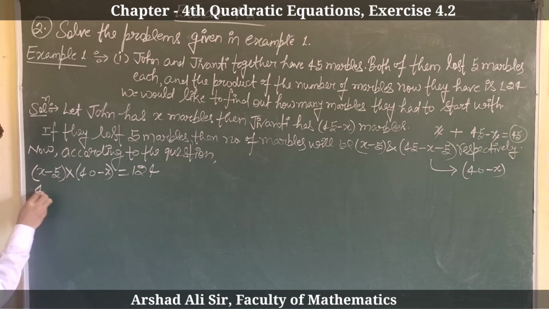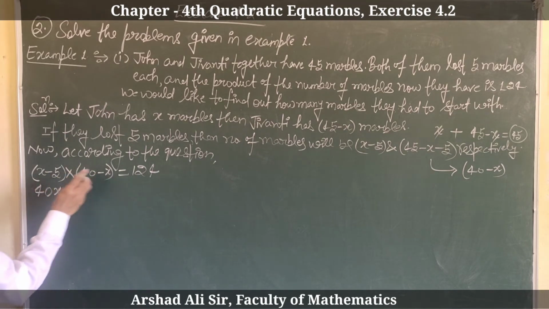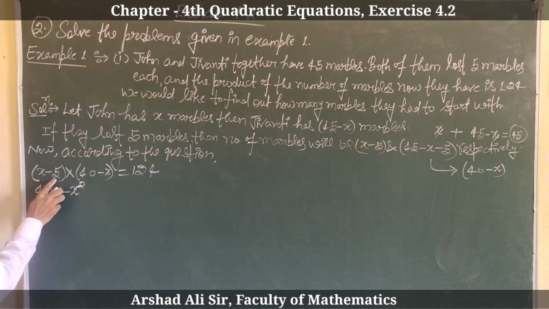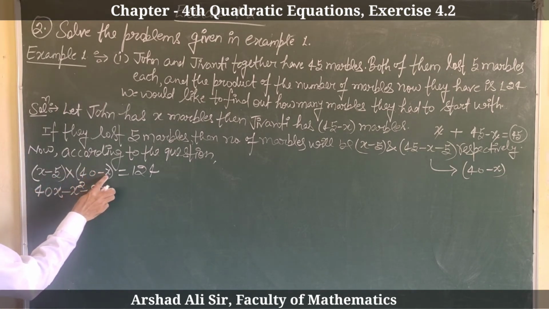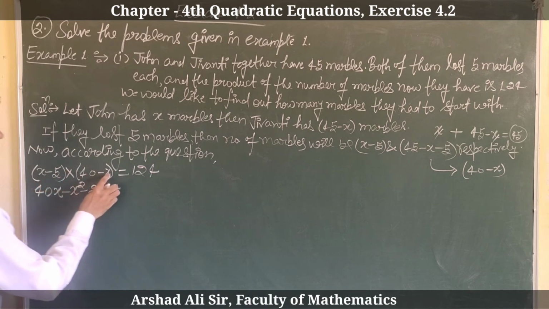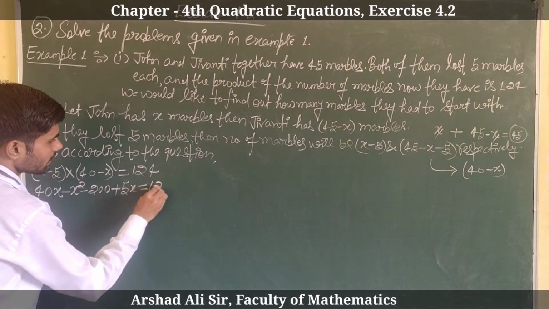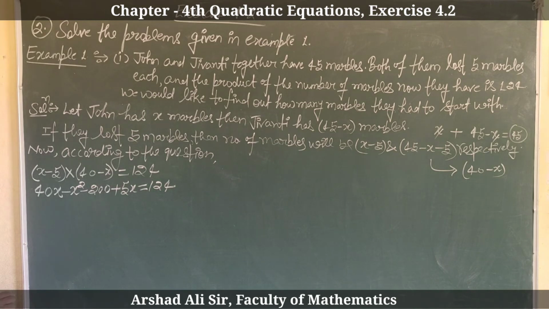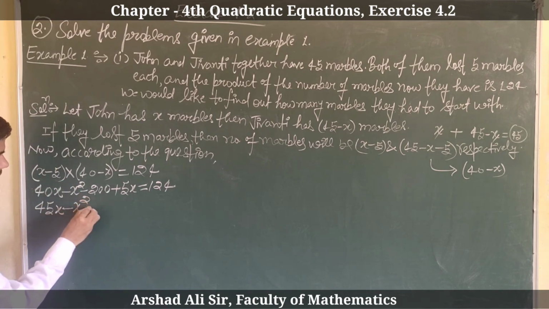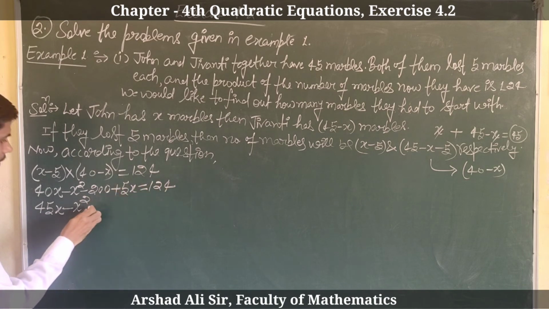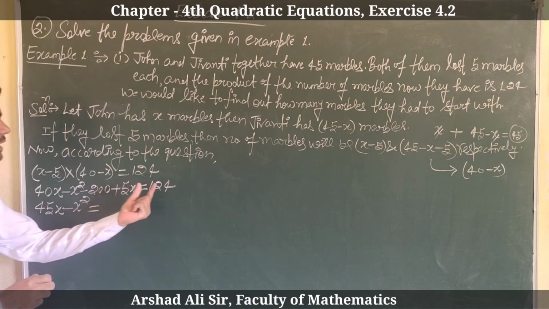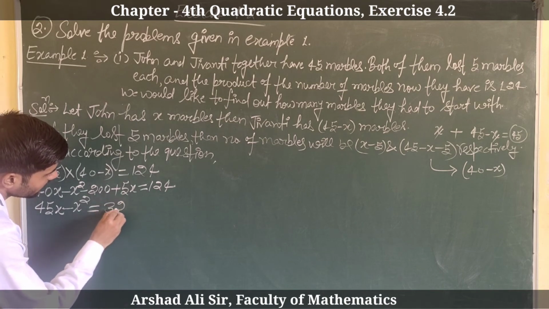X multiply 40 will be 40x. X multiply minus x is minus x square. Minus 5 multiply 40 will be 200. And minus 5 multiply minus x, minus minus will be plus 5x, is equal to 124. Now we can write 40x plus 5x, this will be 45x. Minus x square stays the same, this is minus 200 on the left side, and will be positive 200 on the right side, so we can write 200 plus 124, this will be 324.